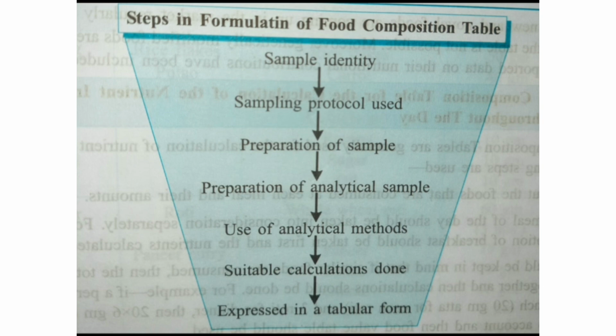Whatever nutrients they have, it is a tabular form by which they can maintain all of them in a single way. So this is the comparison or composition table, you can call it either.